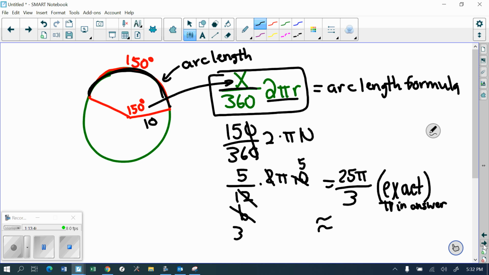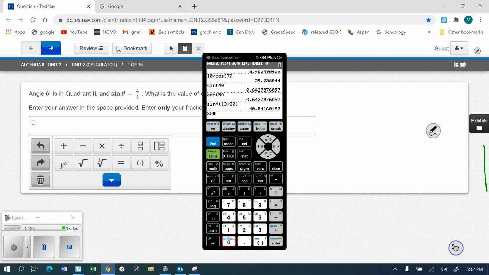I could have sat there and gone 150 times 10 is 1500 times 2 is 3000 pi divided by 360. And then you put 3000 divided by 360. It gives you that decimal, and I hit math, enter, enter, and it gives me the fraction of 25 thirds.